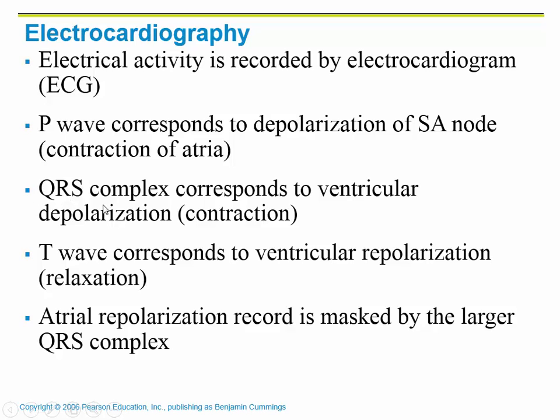Then we have something called the QRS complex, which is ventricular depolarization or contraction. Then we finally have our last little blip called the T wave, and it corresponds to ventricular repolarization, which just means relaxation of the muscle. Now the atria is also going to repolarize, but it's masked by the QRS complex, and I'll get into this a little bit more.